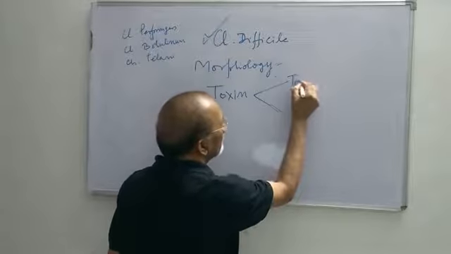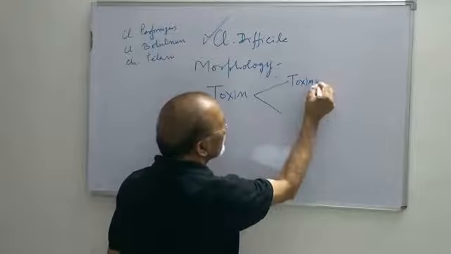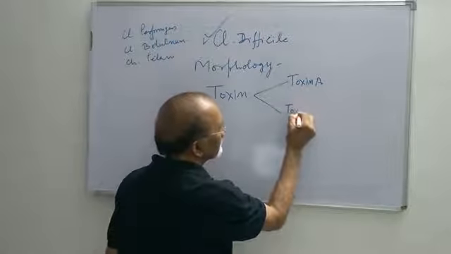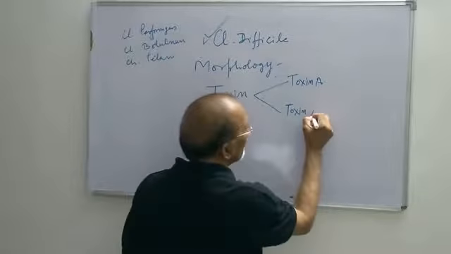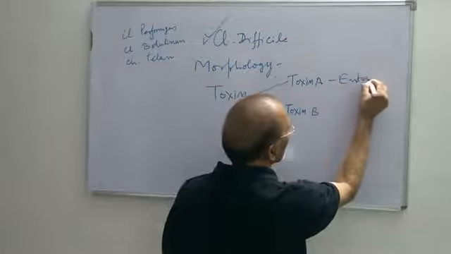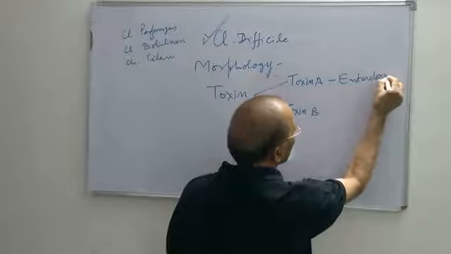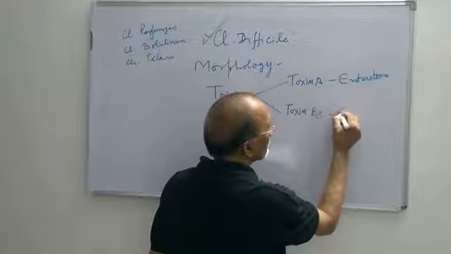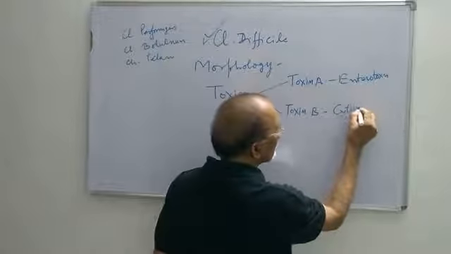Now we are going to discuss the toxins, and it produces two toxins, toxin A and toxin B. Toxin A is named enterotoxin, and toxin B is also known as cytotoxin.